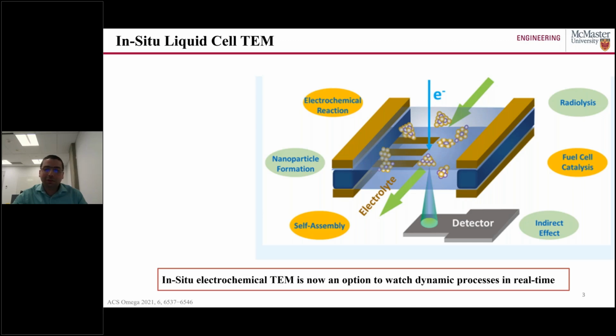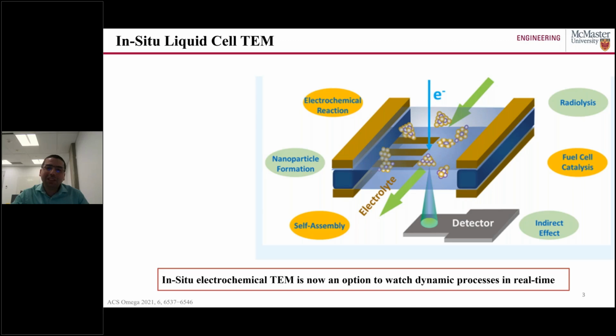As you can see here, we have two small silicon nitride windows, and you can flow the electrolyte between them. On one of these chips we can print a three-electrode system, so you can conduct electrochemical reactions. So you can visualize nanoparticle formation, the dissolution of particles, agglomeration, and other processes.